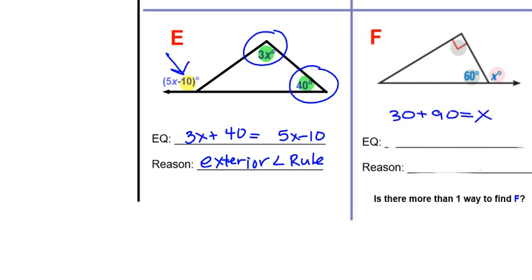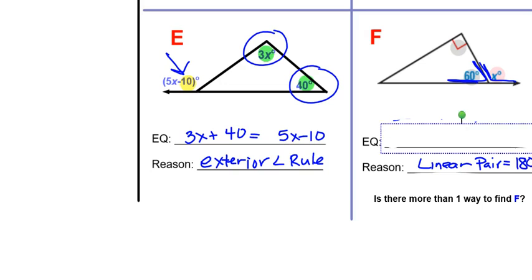And then on question F, we got a couple things going on here. Notice that we have two angles on the inside and one angle on the outside. And if you notice, these two angles right here actually make a linear pair. So I do know that a linear pair equals 180 degrees.